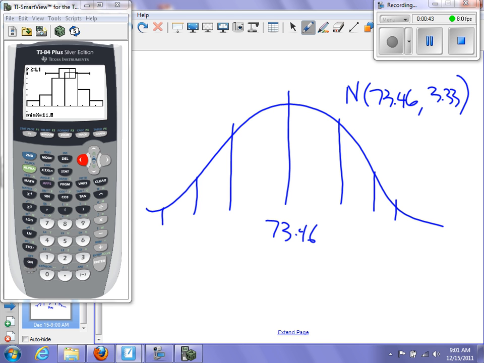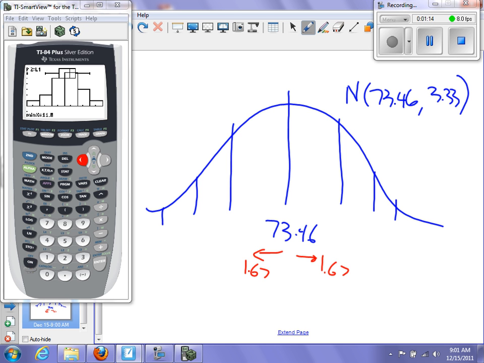If the normal model is appropriate, what percent of the times should be within 1.67 seconds of 73.46? So that's telling me that I want to go within 1.67 seconds, so I want to go 1.67 seconds that way, and I want to go 1.67 seconds that way.